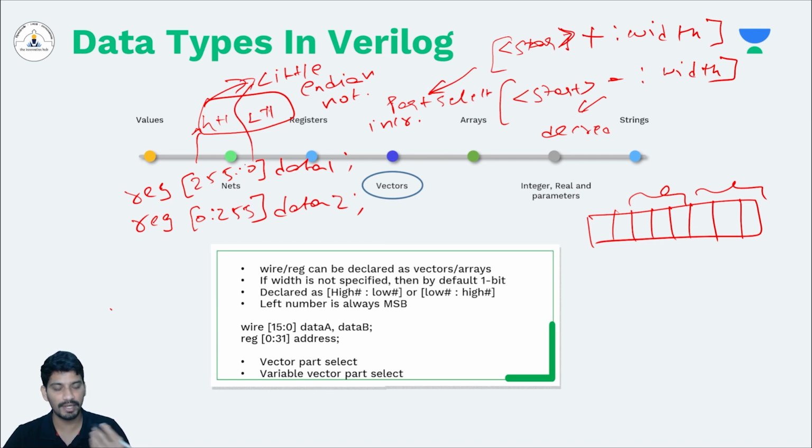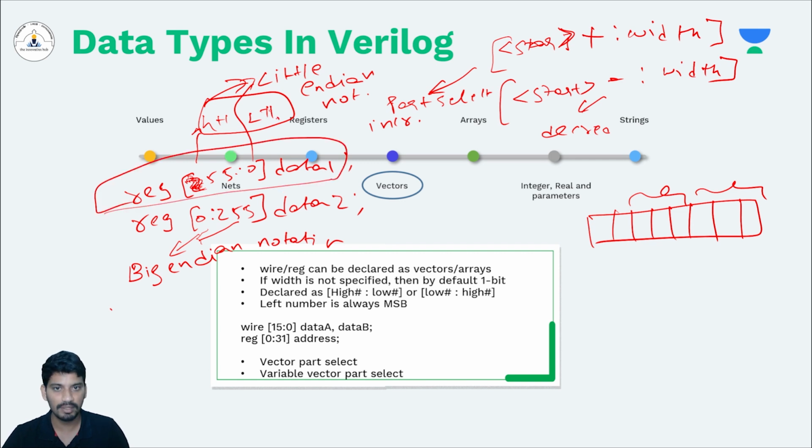In this case, this is big endian notation, because the high number is ending at the right hand side. So as I explained, you cannot define little endian and then use big endian while retrieving value from little endian. You have to follow the little endian sequence only. While retrieving value from big endian, you have to follow the sequence of big endian only.